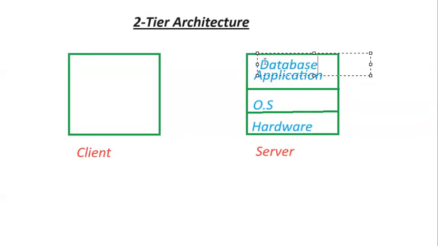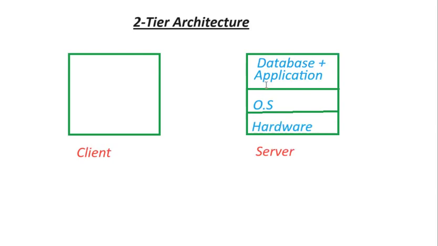In addition to the application, the database layer is also present in the same machine. Where the server is hosted, in the same machine, both application and database layer are present in two-tier architecture.